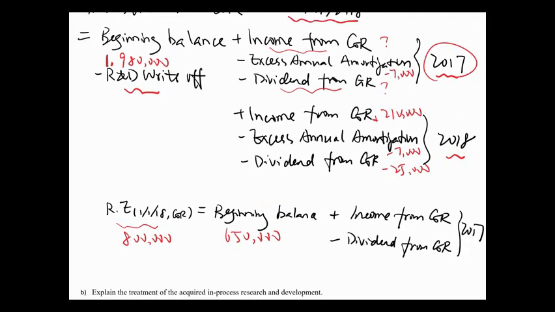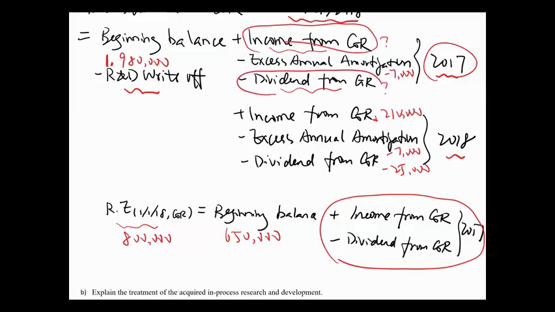Back to this equation, we may not know the income from Goldright and the dividend from Goldright separately. However, taken together, the difference between income from Goldright and dividend from Goldright should equal 800,000 minus 650,000, which means we can get the value of these two accounts together.